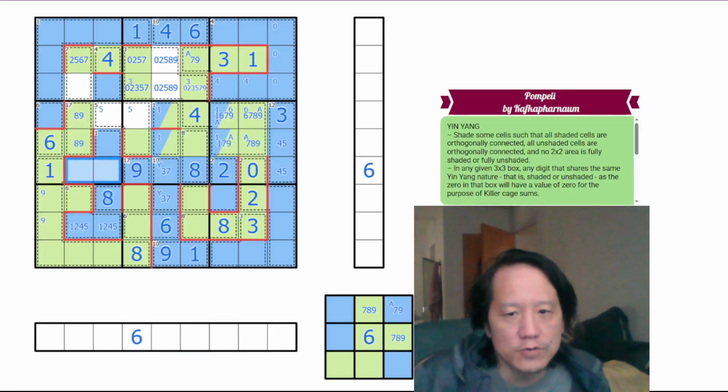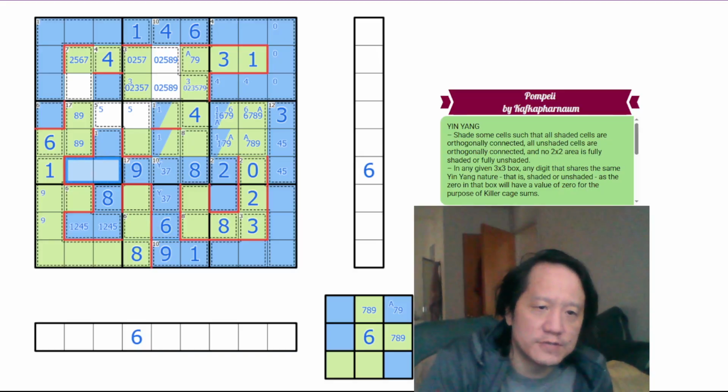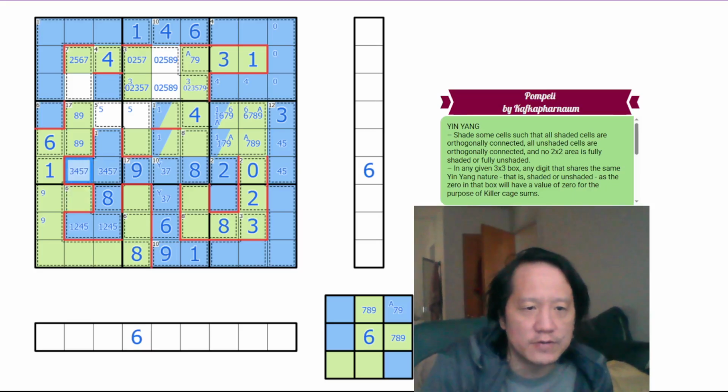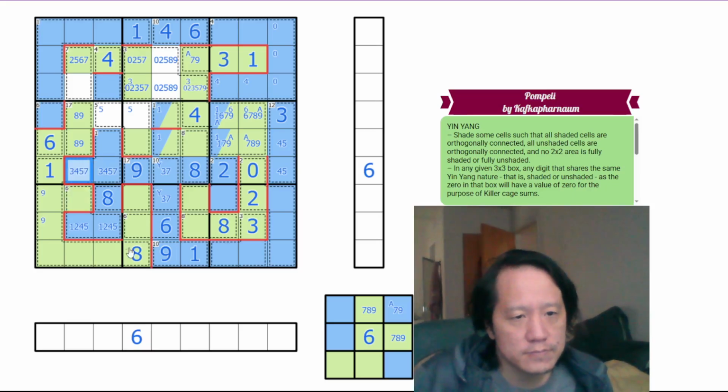Remaining digits in row 6 are 3, 4, 5, 7. So the 8, we have all the digits in this cage, right? The 8 has to be here. That means these 3 digits must be essentially here and these two.